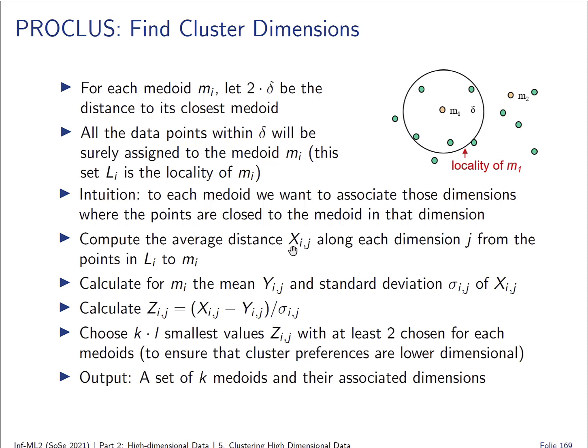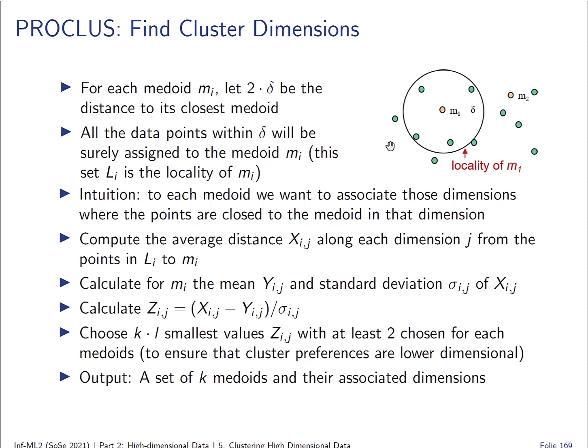Those are the average distances of all the points in the locality. So here is the locality: these 4 points are in the locality of M1, and now we take the average distance of these 4 points to M1, but only in one-dimensional features, that is Xij.